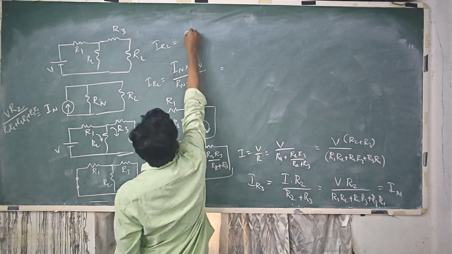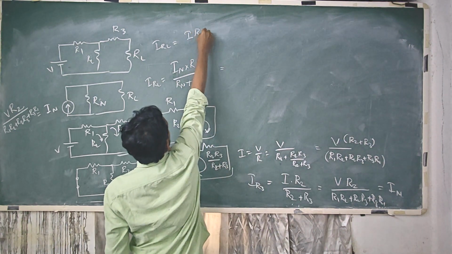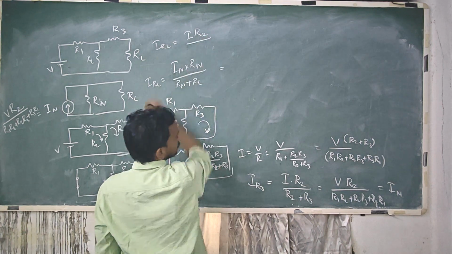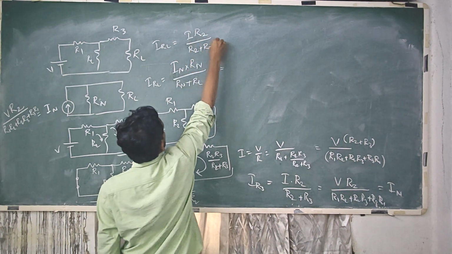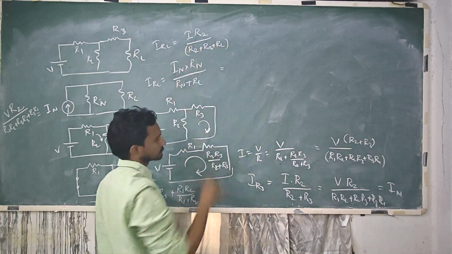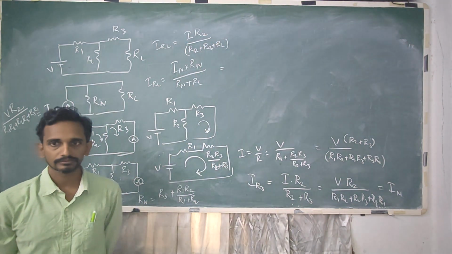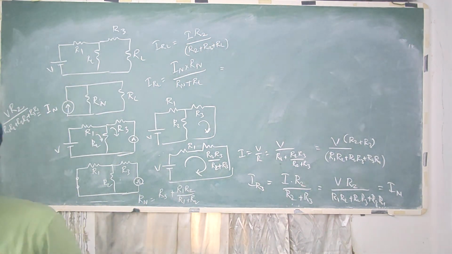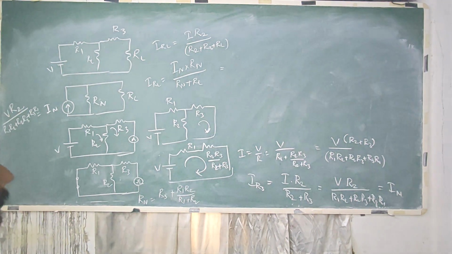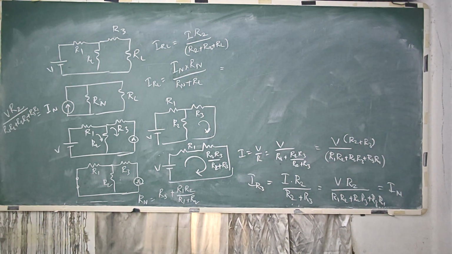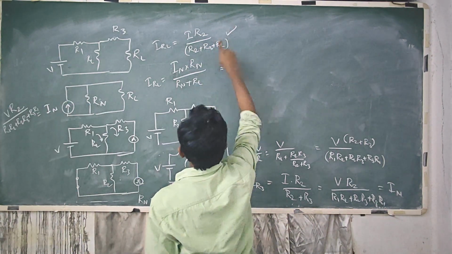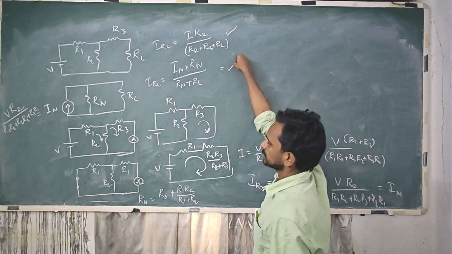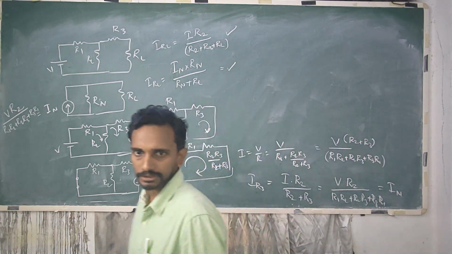So it is I R2 by R2 plus R3 plus RL. So this is one value that you are going to calculate. This is another value you are going to calculate.